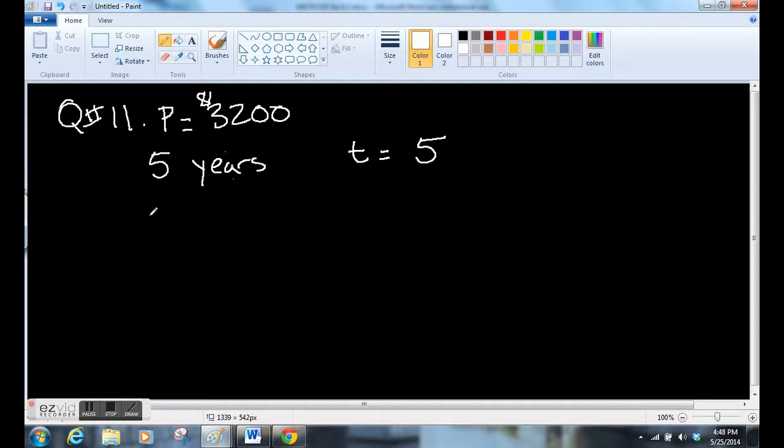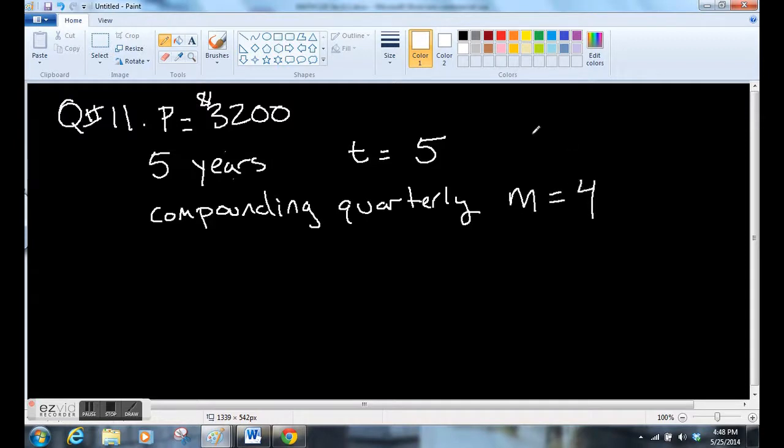In this case, we are compounding quarterly, that means 4 times a year. So M, the number of times you're compounding per year, equals 4, and R is the annual interest rate, which is 0.08. All of this was in the problem.